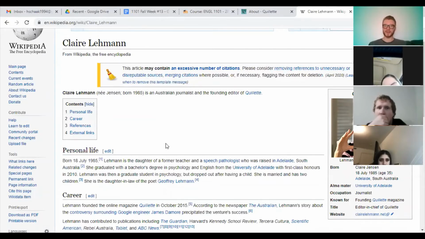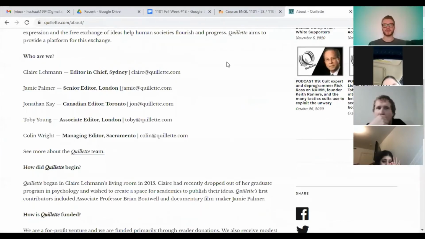So that's not good. That's usually a sign that whoever it is who has this page on them has been interfering with their Wikipedia page. It's a bad sign when you're interfering with your Wikipedia page. So we can go ahead and go through and do this with all of the people on Quillette. Spoiler alert, none of them have very good reputations. They're all very similar to that editor-in-chief.